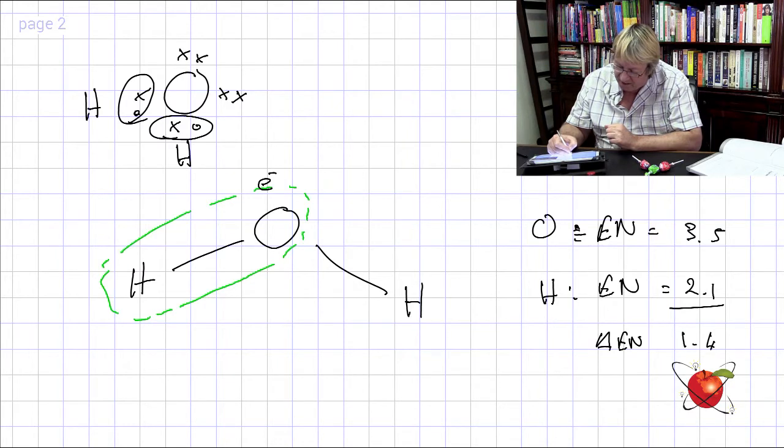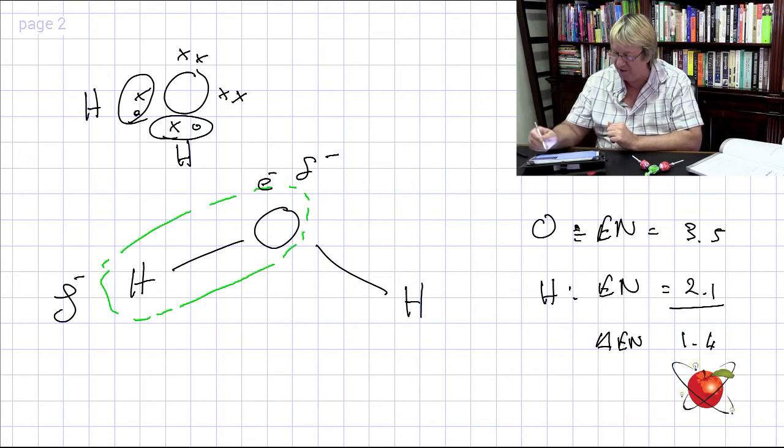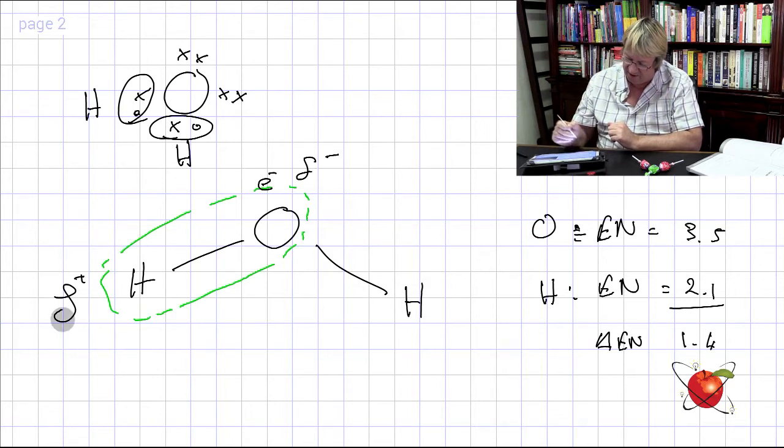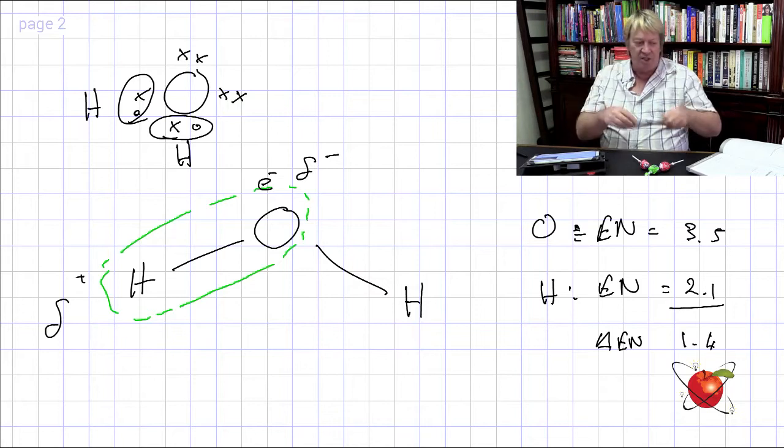So this side becomes negative, this side becomes positive. That wasn't a very nice delta, was it? Okay, like that. So what are we saying? We're saying because it's quite strongly polar, the electron is moved up to the oxygen side and it leaves the hydrogen with less electron time. So more electron here, negative, less electron, positive side, right?